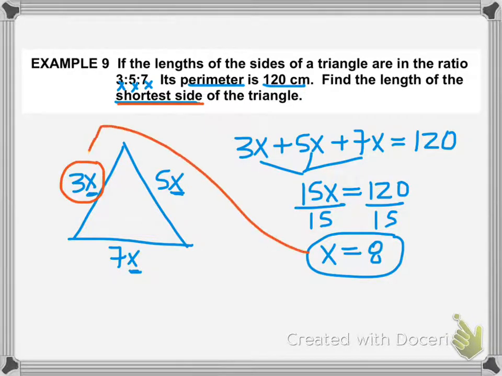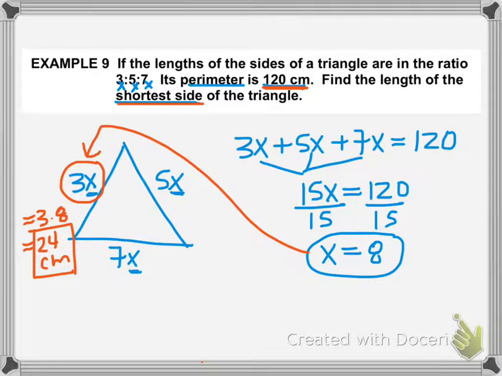So we're just going to replace the x part with 8, and that will equal 3 times 8, which would give you 24 centimeters for this shortest side. If I wanted to go a step further, I could find the length of the other two sides by replacing those x's also with 8. And the three sides should add back up to 120 if we did it correctly.